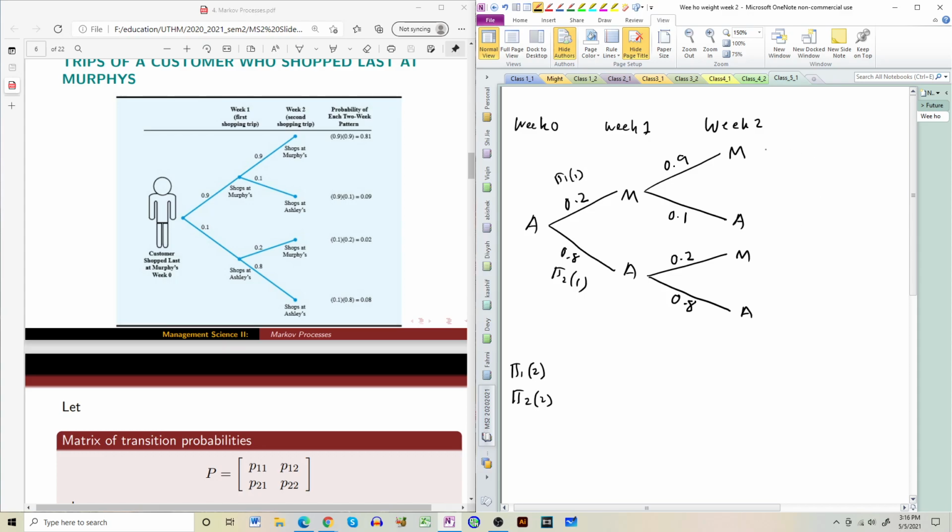So here this would be 0.8, 0.02, 0.16 and 0.64. So if you want to find a customer who ends up in state 1, state 1 is what? Murphy's. The customer ending up at Murphy's in the second week is 0.18 plus 0.16.